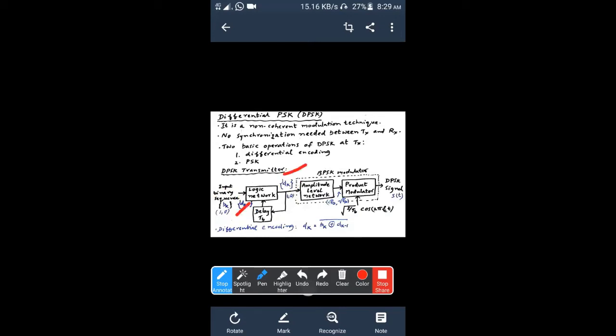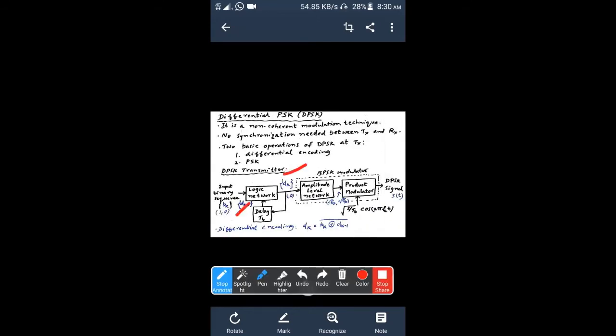This is DK minus 1. So the sequence DK, after applying the delay, becomes DK minus 1. So 1 bit delayed. What does it mean? The sequence DK, which is available now, is stored in the delay. After storing, it will be delivered to the next symbol, coming after TB seconds, right?